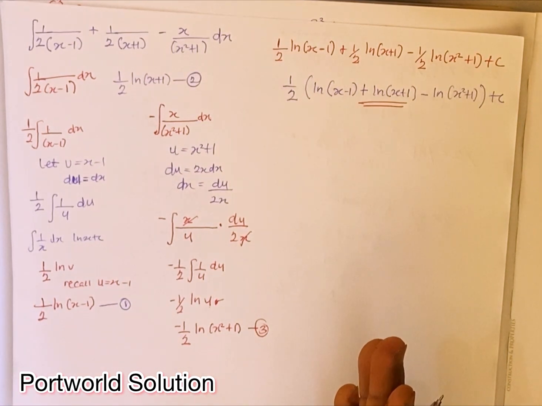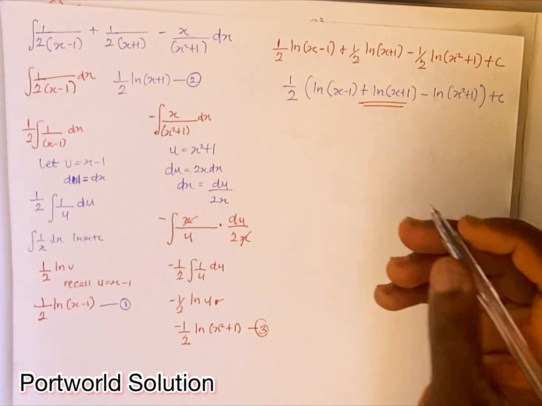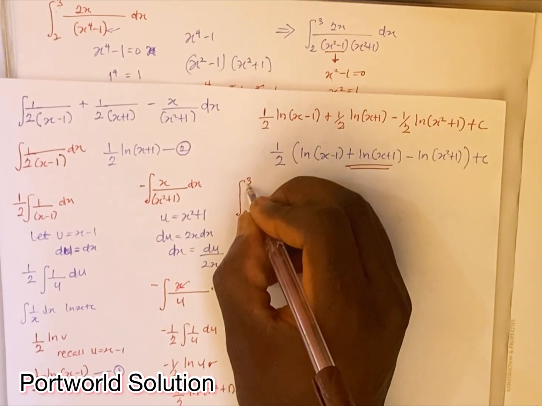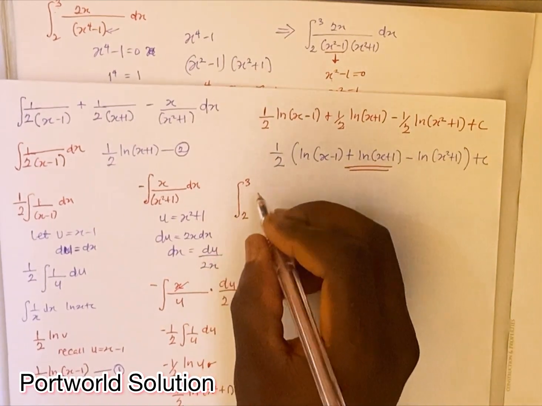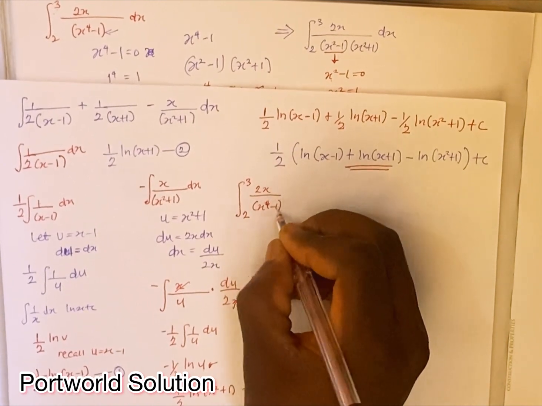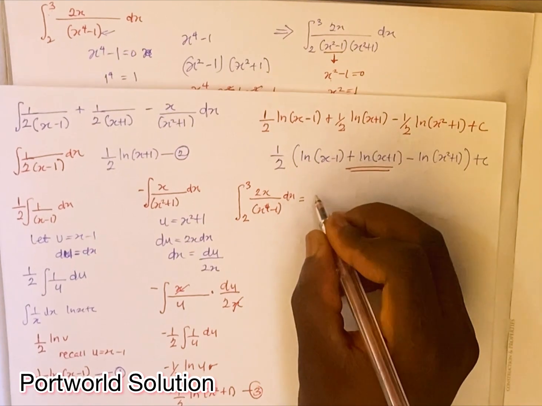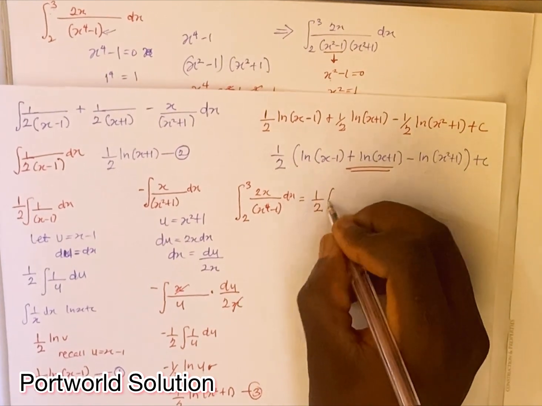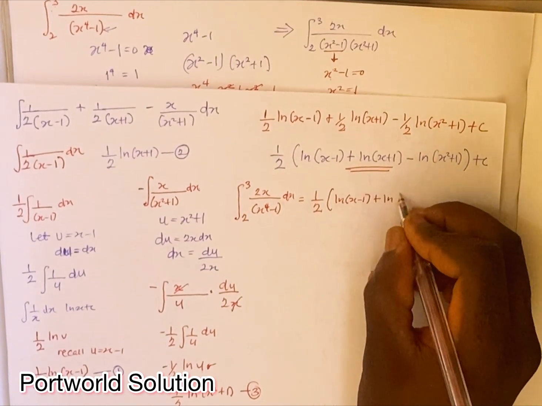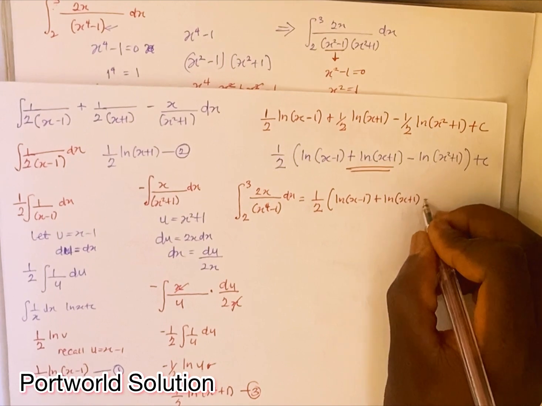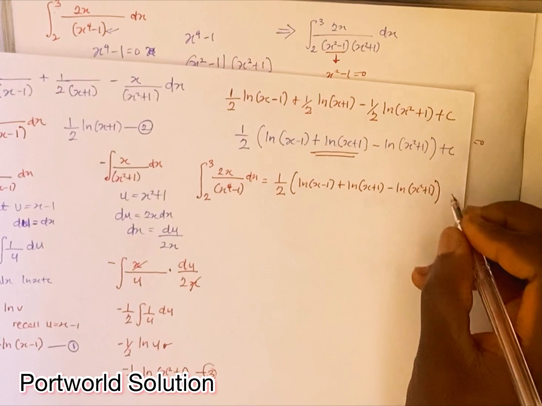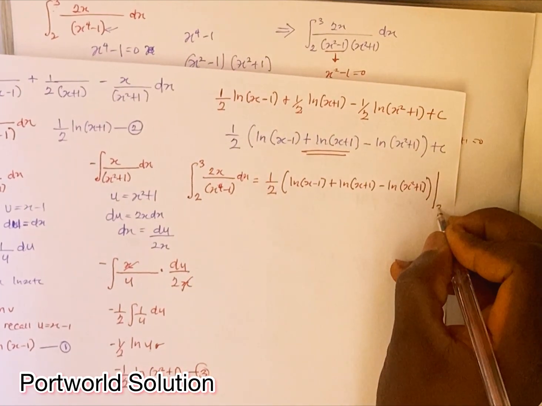But let's say we are integrating with limits. Now in the case that we have the integral from 2 to 3 of 2x divided by x to the power 4 minus 1 dx, that is the same thing as 1 over 2 into brackets ln of x minus 1, then plus natural log of x plus 1, minus natural log of x squared plus 1, then from 2 to 3.